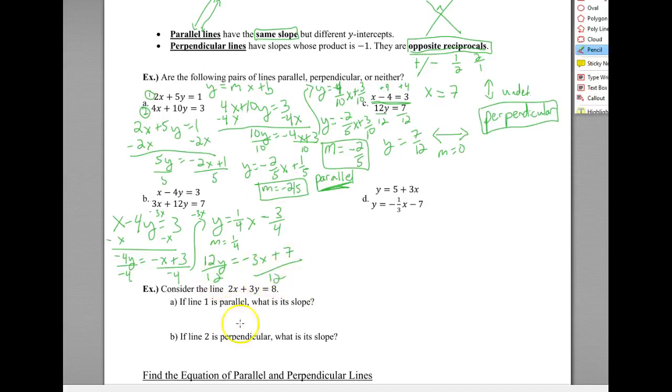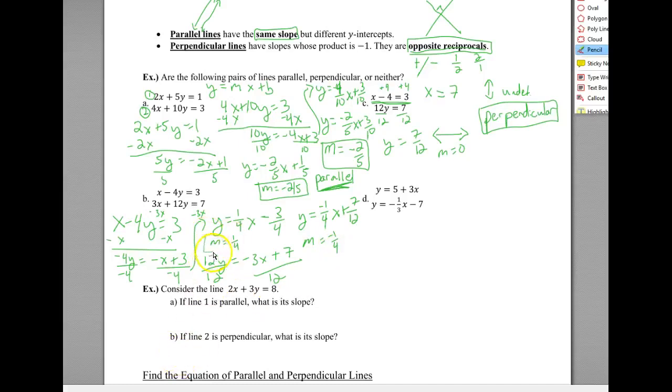I'm going to simplify this, so I end up with y equals negative 3 divided by 12. They have a common factor of 3, so I divide out that 3, I get negative 1/4 x plus 7/12, and the slope here is negative 1/4.